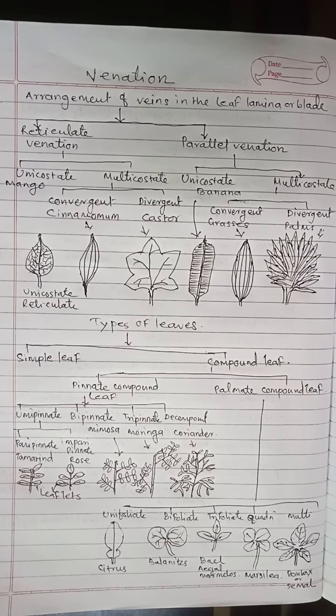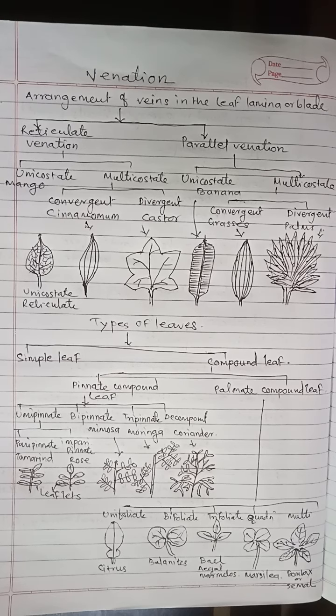Such type of paripinnate unipinnate compound leaf is found in tamarind, cassia or in neem plant. Tamarind means imli. In imparipinnate type, the unipinnate leaf has an odd number of leaflets.